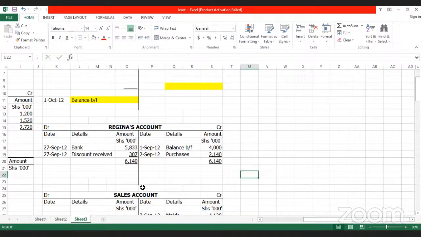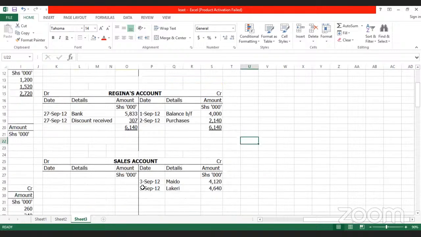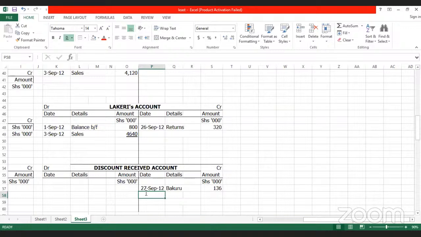Complete the double entry in the discount received account. Same date, 27. Below. This is Regina.